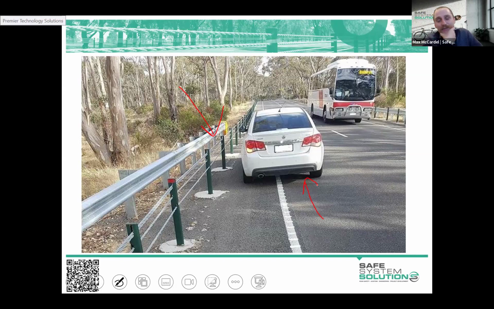So if you're unable to achieve the full width to house a parked vehicle, generally what you would do is create breaks in the system so that this broken down vehicle can aim for that break and get off the carriageway, because you don't want to create rear end collisions here.